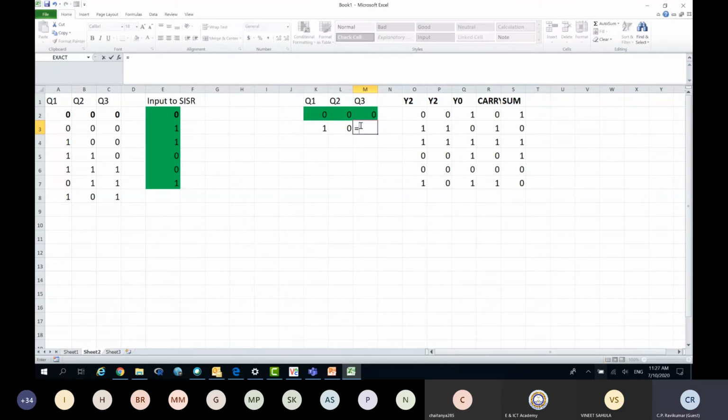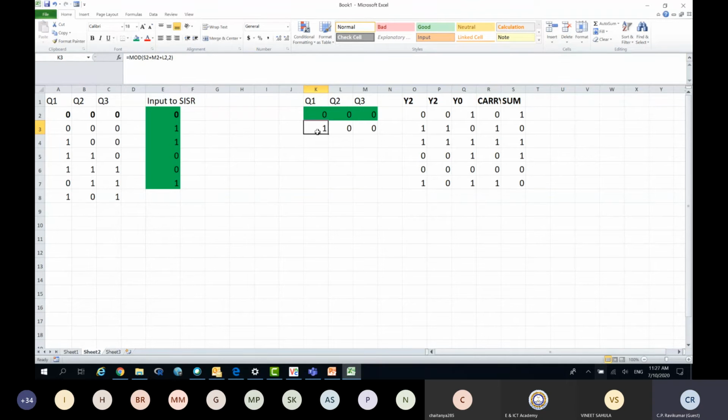Another way to think about it is, see the XOR of Q2 and Q3, right?